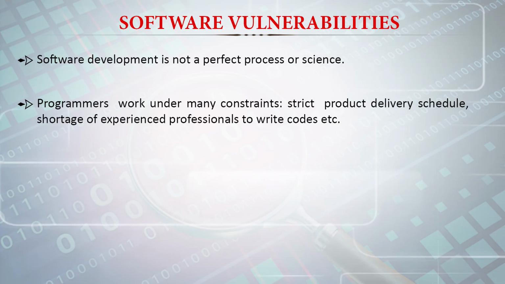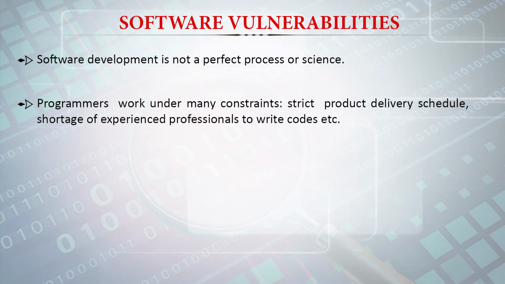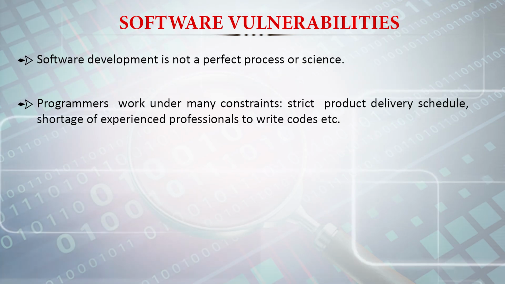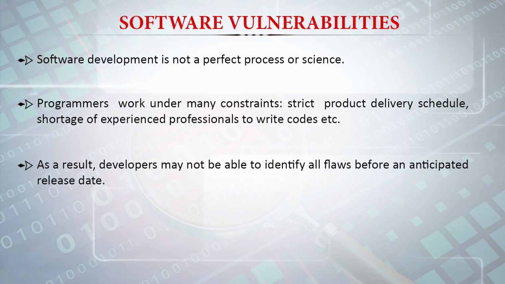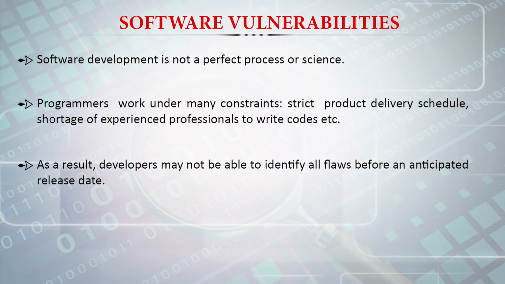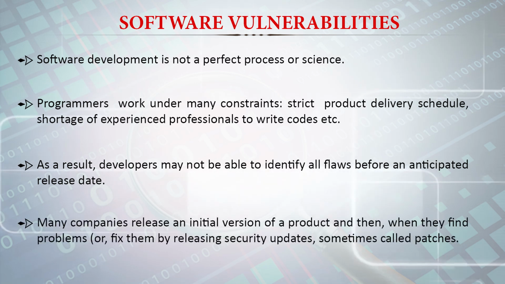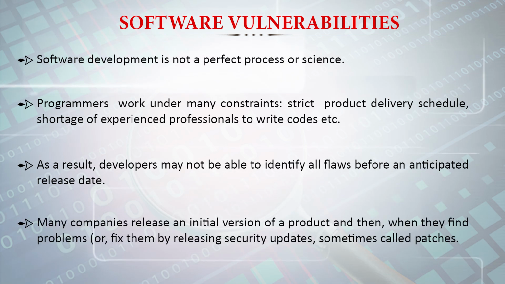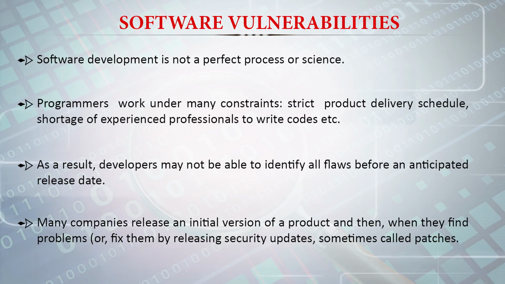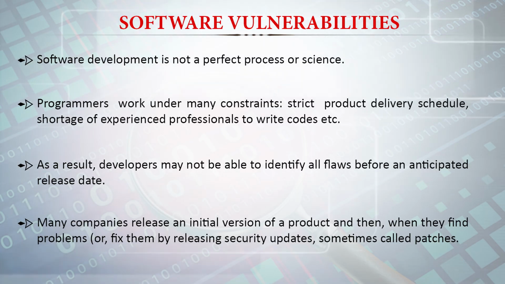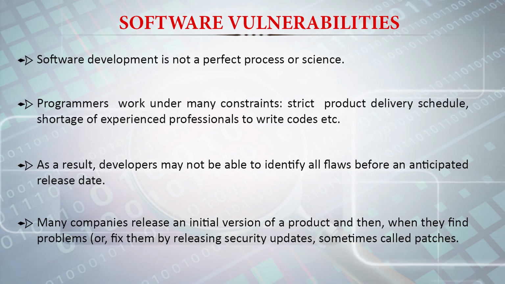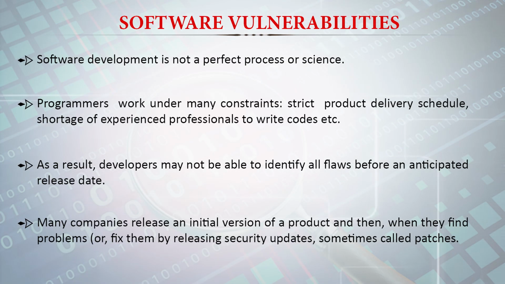Not everyone is able to do it in a short period. This is the constraint. As a result, developers may not be able to identify all the flaws before an anticipated release date. Many companies release an initial version of a product, and then when they find problems, they fix them with new kinds of updates, and sometimes they call them patches.